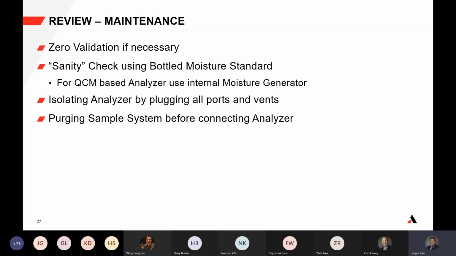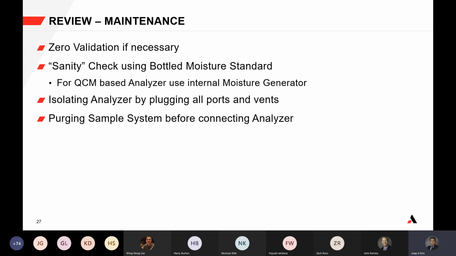So let's say, for example, the bottle is a 100 ppm bottle, and you're reading something closer, 80, 90 or something, it's a good way to validate whether your analyzer is working or not.